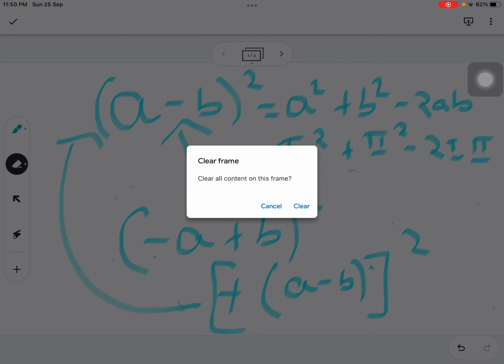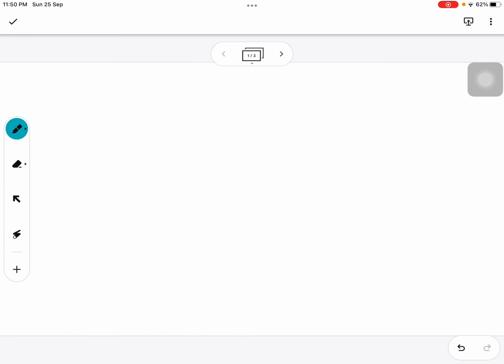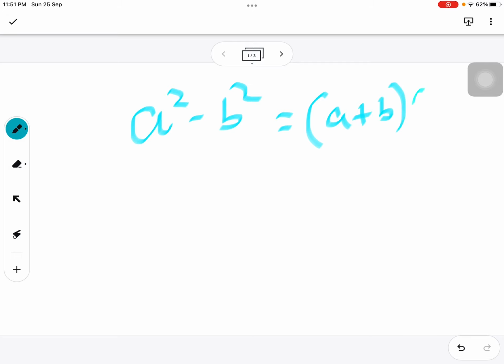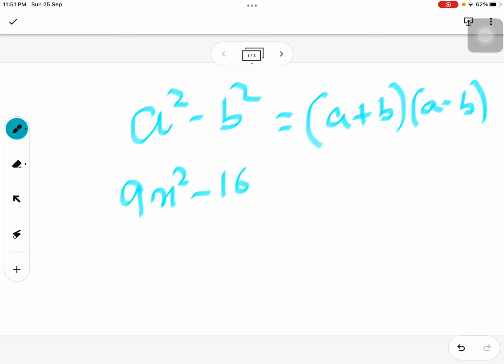Let's look at the next identity, a square minus b square. I'm sure you would have done this also in your lower classes, something like 8th or 9th. That will be a plus b into a minus b. An example would be 9x square minus 16 by y square.